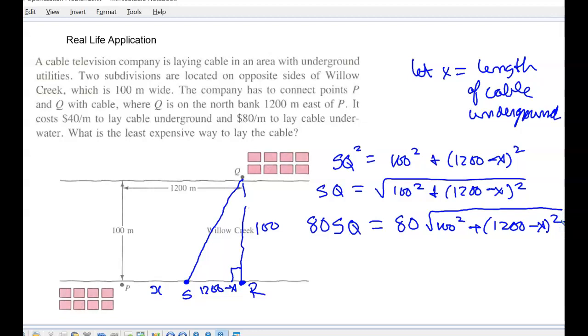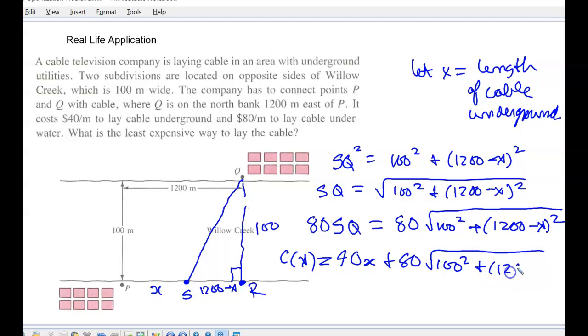So the total cost is going to be, well, I've gone x units under the ground, so it's going to be 40 times x plus 80 times the underwater portion, which is the square root of 100 squared plus 1200 minus x all squared. Okay, so now I have my equation, so now I have to take the derivative.